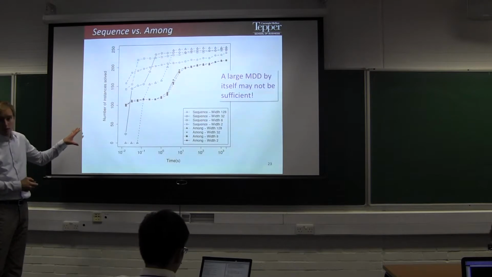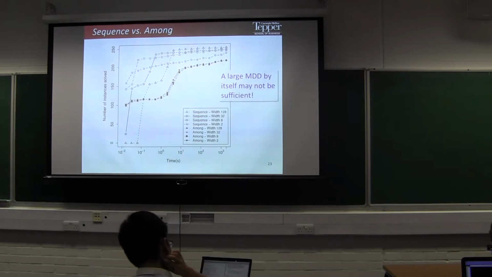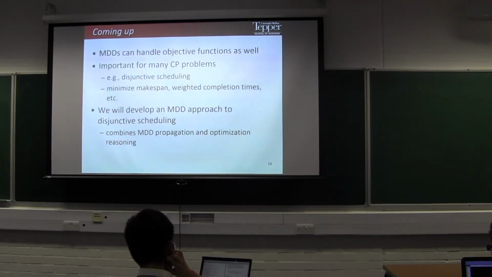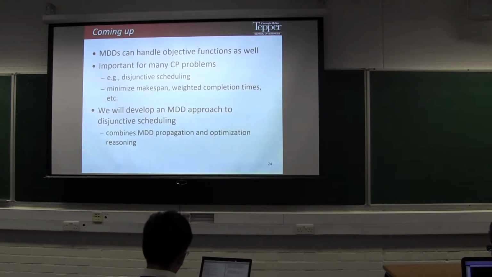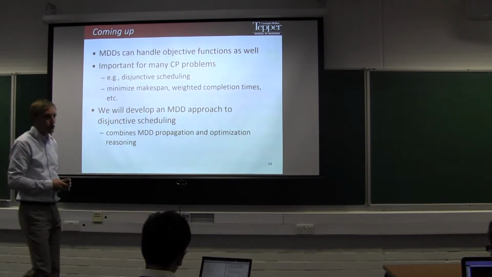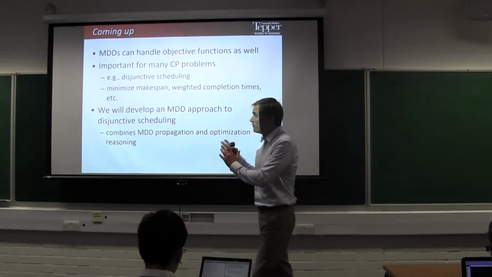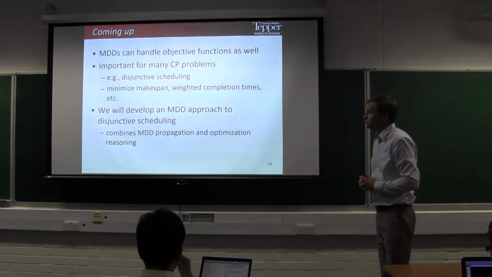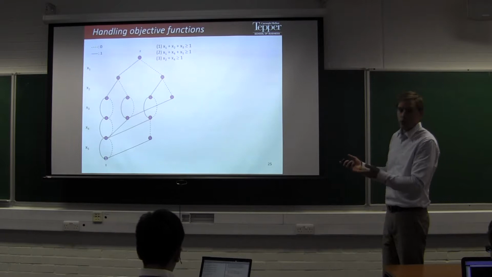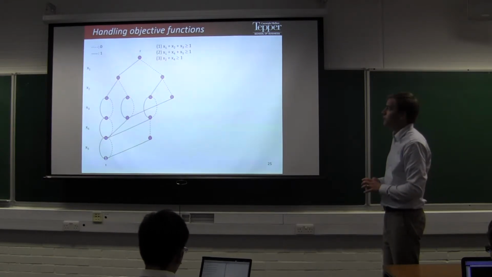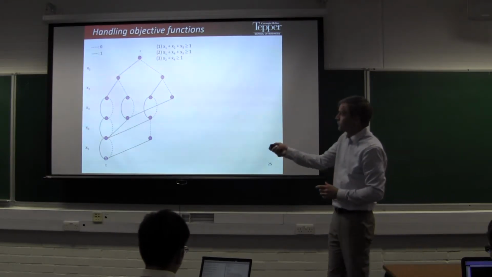So what I showed you here was basically just constraint propagation for feasibility problems. In general, we have optimization problems with an objective, and John's focuses mainly on optimization problems. So we will have objective functions. And the way to encode them in decision diagrams is my very first example.